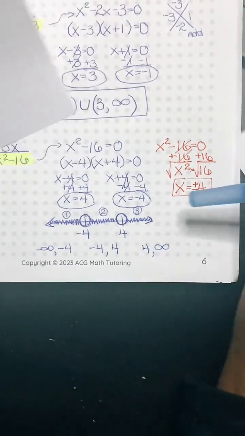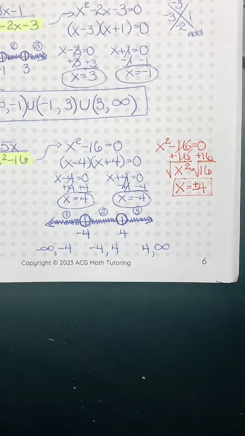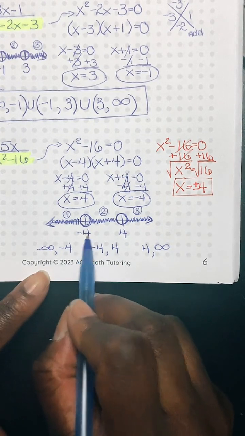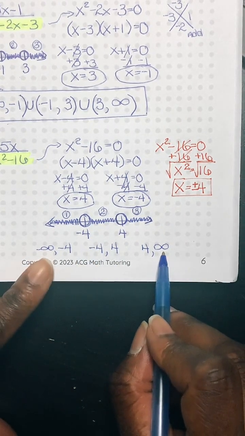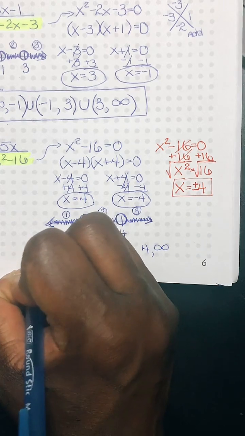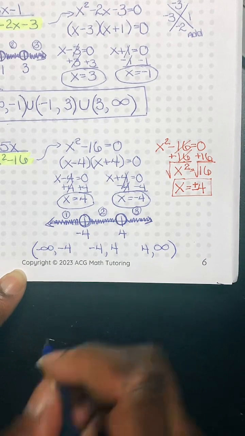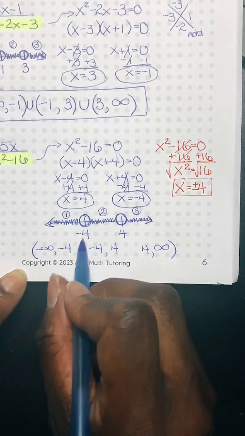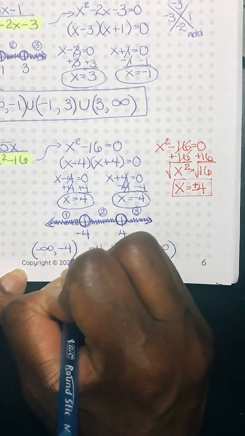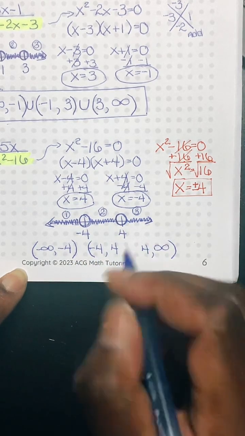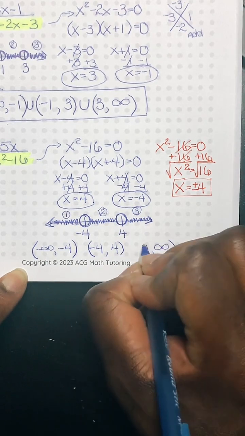Okay, so you see how we have those three sections. So since it can't equal 4, and remember, our infinities will always be unbounded. They're always going to be a parenthesis. The negative 4, it can't equal negative 4, so that's a parenthesis. And it can't equal 4, so that's a parenthesis.